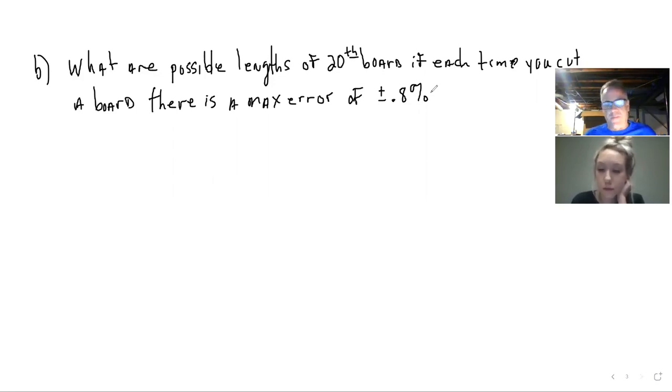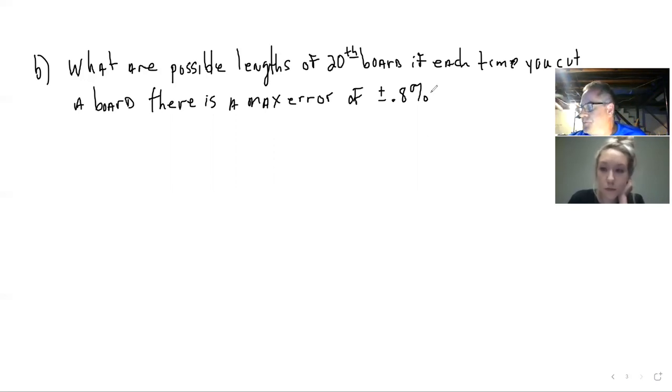So you could have it be as short as 0.8%, or you would want to multiply your desired length of 8 feet by 0.008. That is turning it back to a decimal number. And that would be your 0.8% of the length of 8 feet, and take that away from 8 feet, and that would tell you how much you came up short.